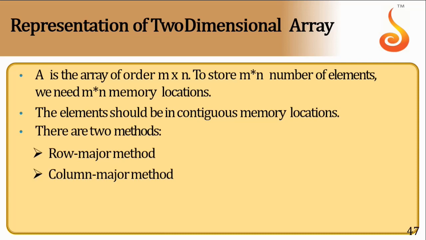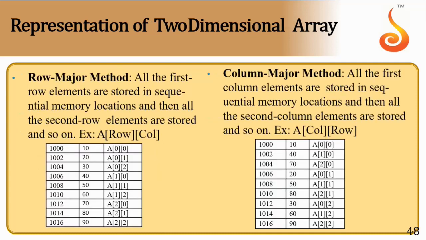That is, an array of order m cross n can be stored in continuous memory locations in two methods, row major and column major. So a two-dimensional array can be represented in the row major method and the column major method. We'll see what is row major and what is column major.